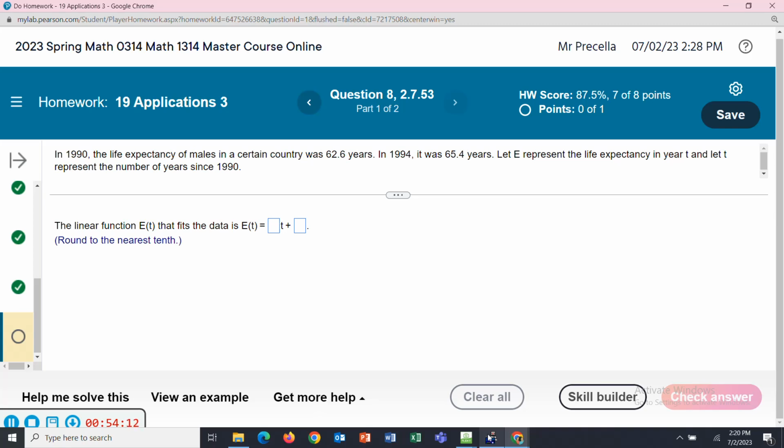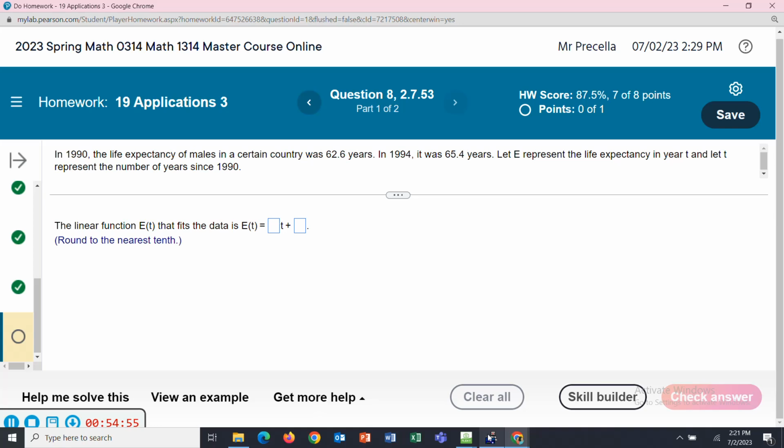So, number 7, T is like the other one, since 1990. Summarizing this data, in 1990, the life expectancy was 62.6 years. In 1994, the life expectancy had increased to 65.4.